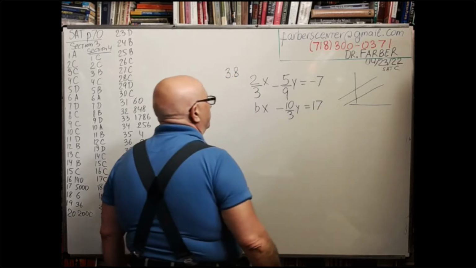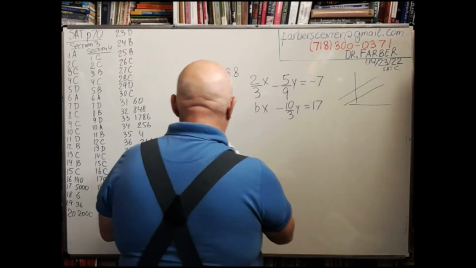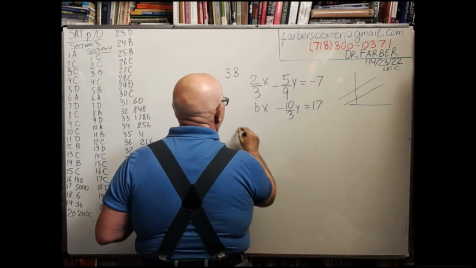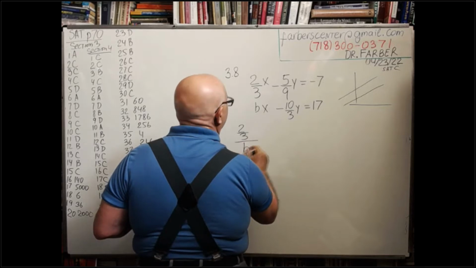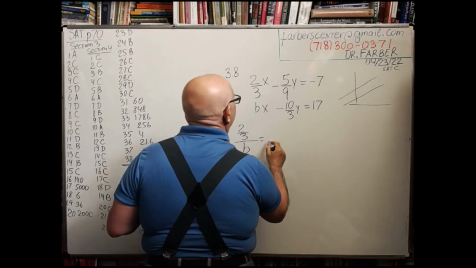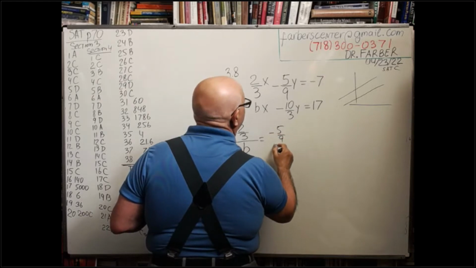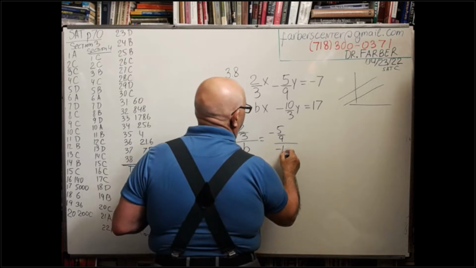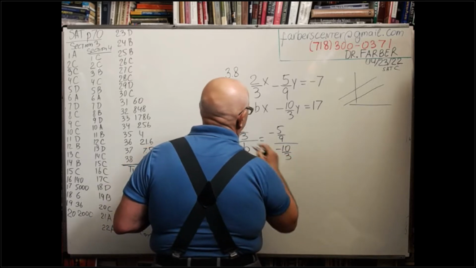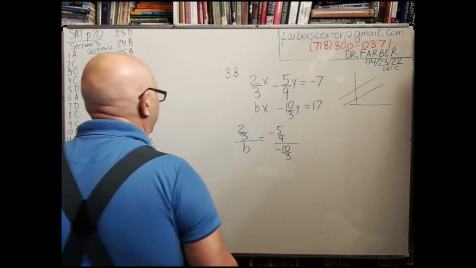Okay. So what you'll do, 2 over 3 over b must be equal to negative 5 over 9 divided by negative 10 over 3. Or keep, change, flip.